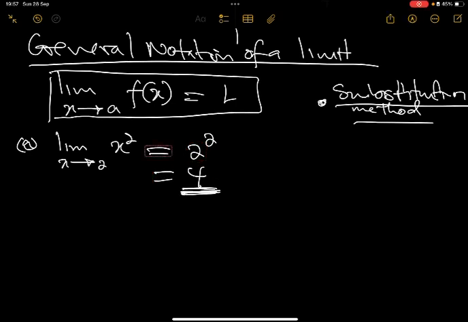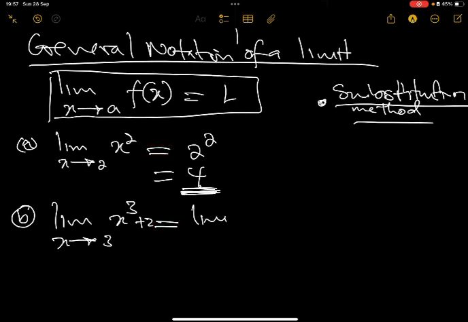So let's say, for example, b, we are given again the limit as x approaches 3 of x cubed plus 2. We first try the substitution method.